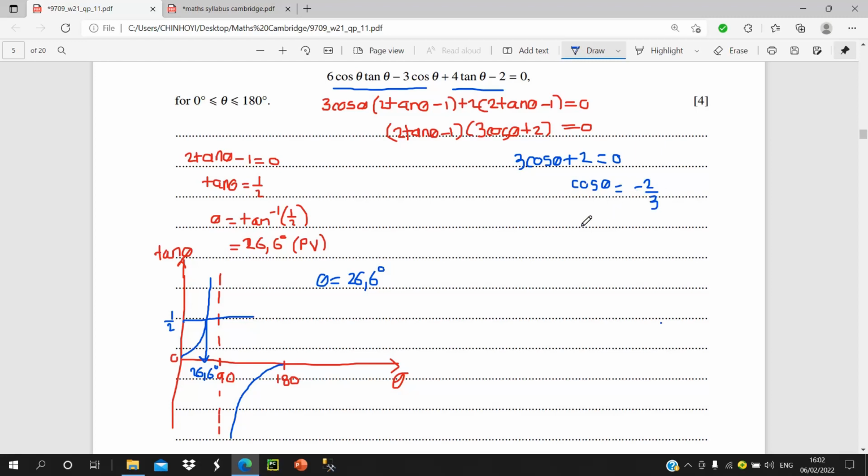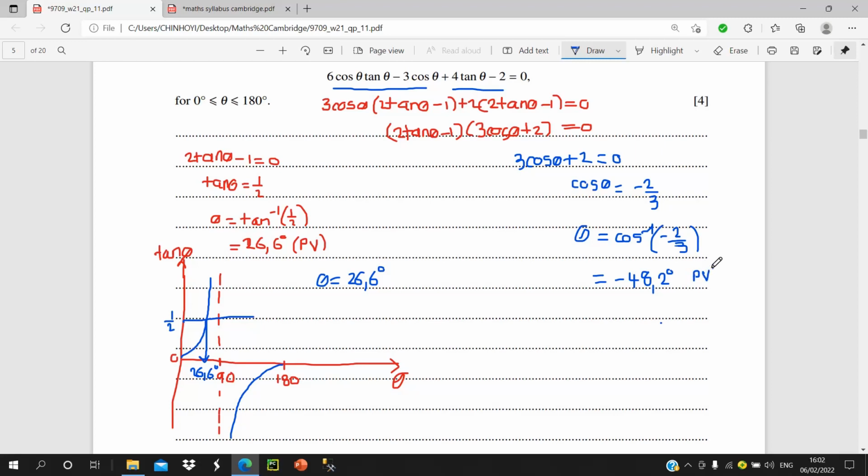Then to find theta, theta is equal to arc cos of negative 2/3. And we are going to get theta as minus 48.2 degrees. And we have said this one is not the final, it's our PV, principal value.